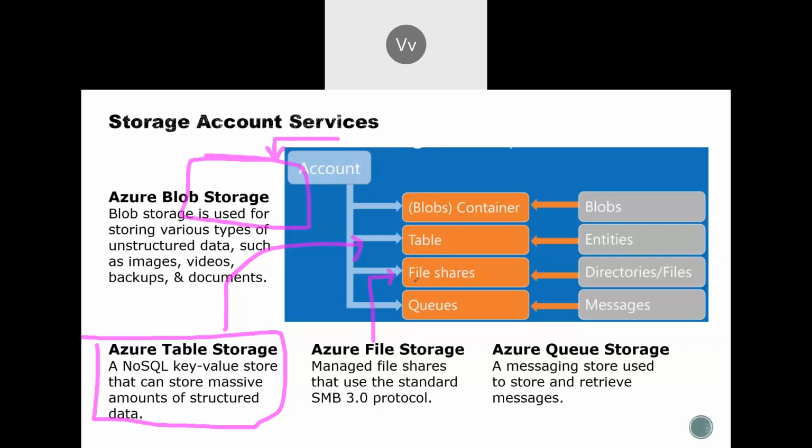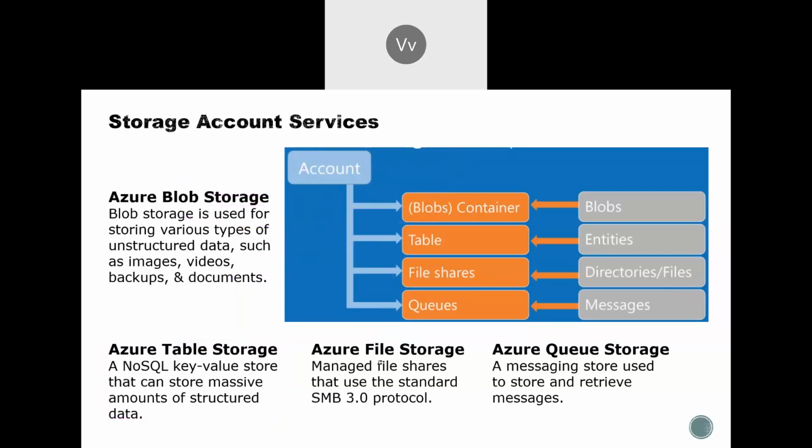But the file share serves the purpose of sharing simultaneously to multiple users or multiple connections, and they can simultaneously make changes on the existing files without any hassle. It was meant for giving performance over that, and it communicates over the SMB 3.0 protocol.